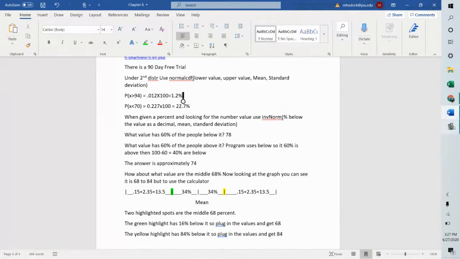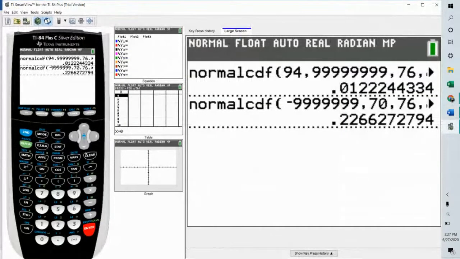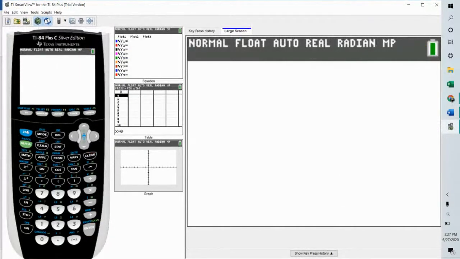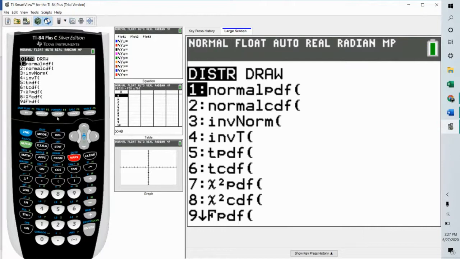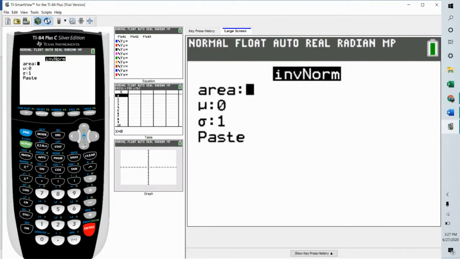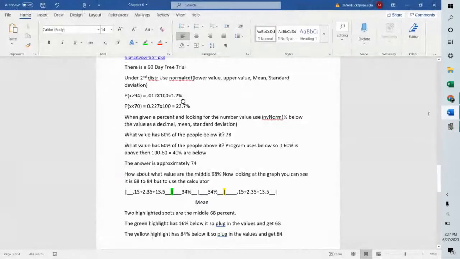And to find that, we go to our calculator. Let's clear these screens. Second distribution, but in this case we want the inverse norm, so we want the third one. We hit enter. And it wants the area. Well, we want the area below, and that was, I forgot what percent it was. Let's see which one. It's this one that's highlighted, so we know where it's at. So 60%.